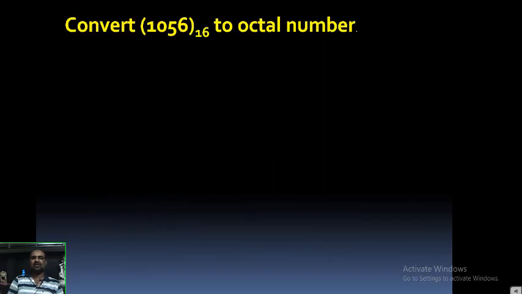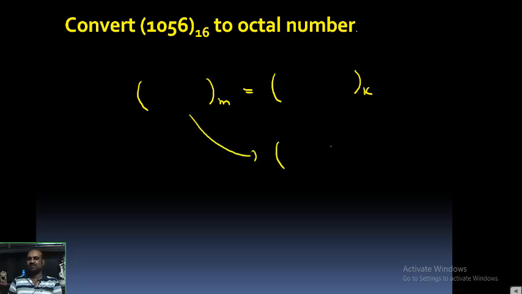So next example. Convert 1056 base 16 to octal system. Interesting one. Base m to, for example, base k. Directly can't. First of all, base m to base 10 should be converted. After that, base 10 to base k you can convert.